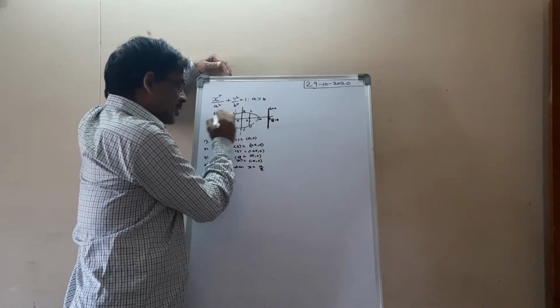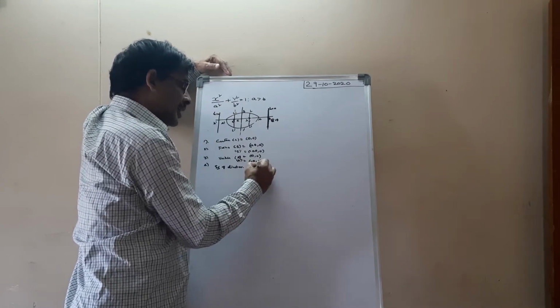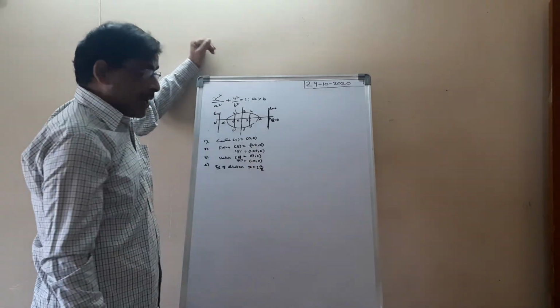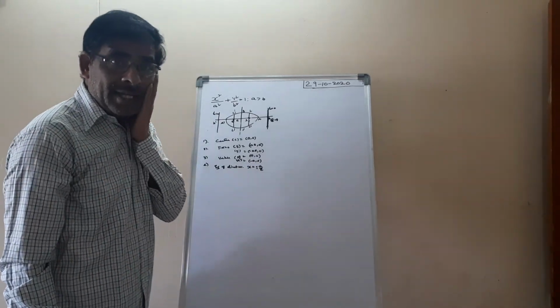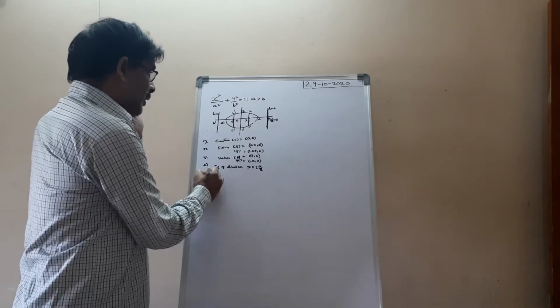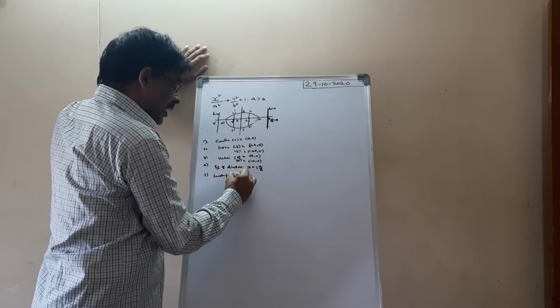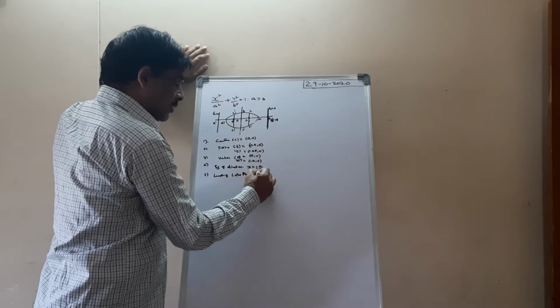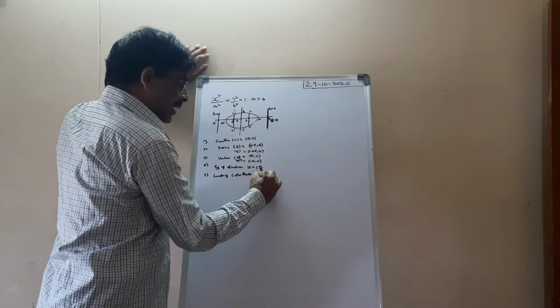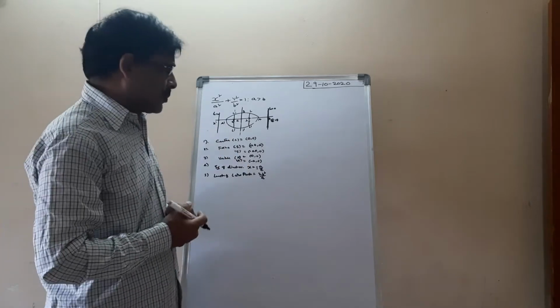On this side also one more directrix is there. So you can write directly x equal to plus or minus A by e. Now, next, length of latus rectum equal to 2b square by A. Already you proved these results.